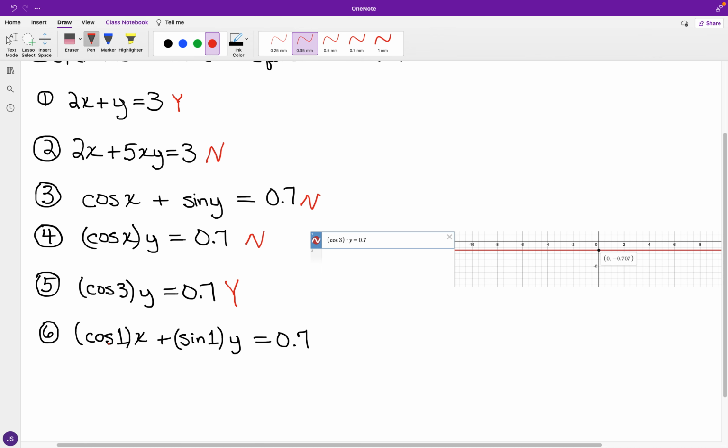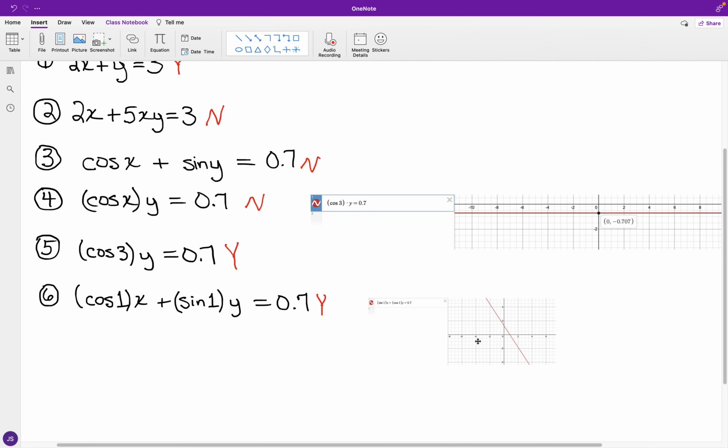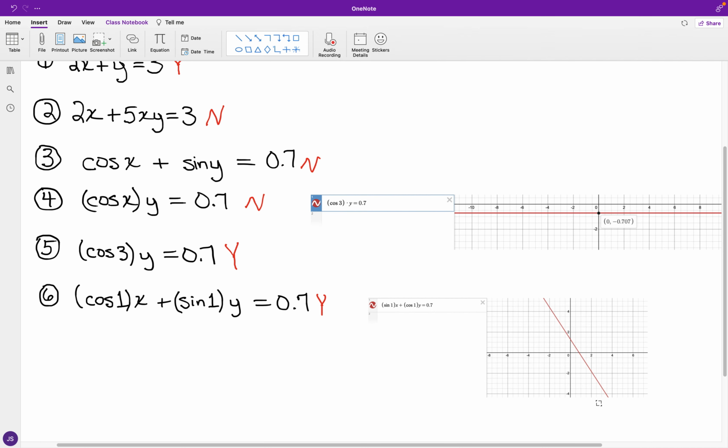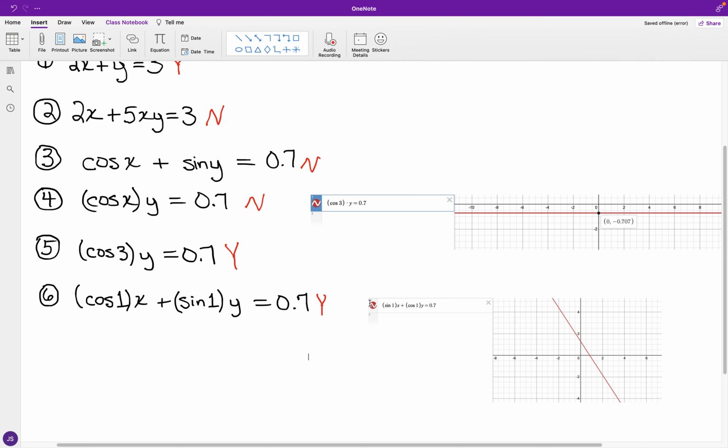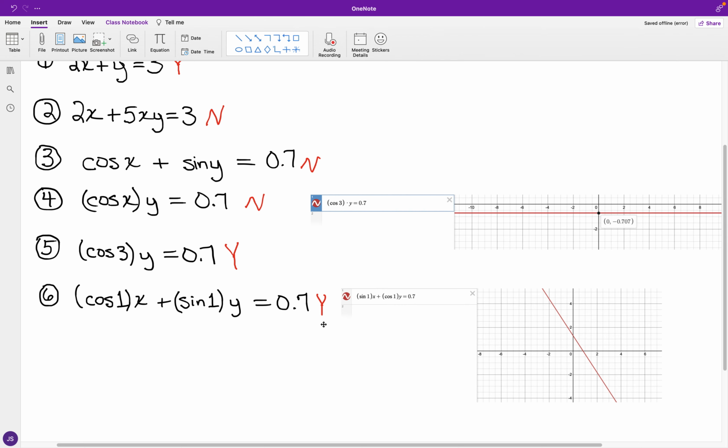So you have a constant times x plus a constant times y. Both x and y are first order, so we're going to have a linear equation, kind of like the very first item in the set. Looking at the appearance of this last case, the outcome is going to be a straight line.